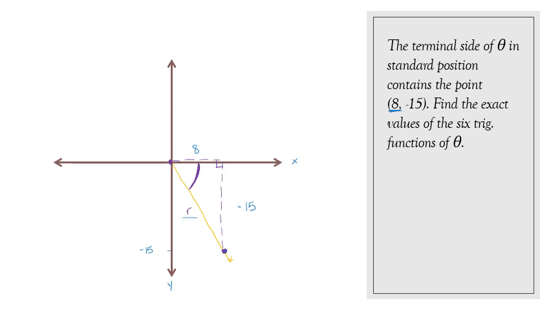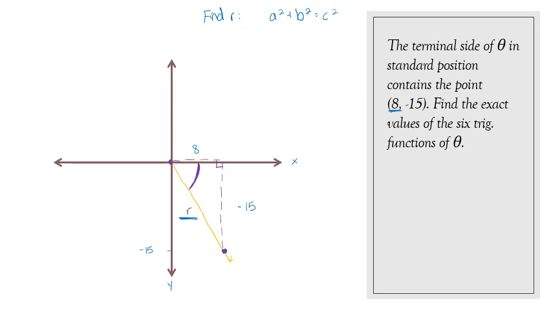So we can figure out what our distance is here using that lovely Pythagorean theorem. To find r, that's what I want to start with once I've got an idea of what theta looks like. Of course, that Pythagorean theorem is always given generically as a squared plus b squared equals c squared.